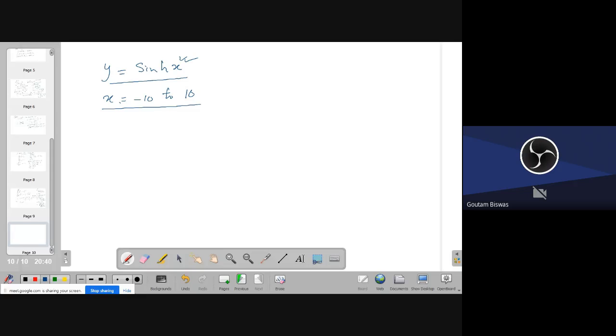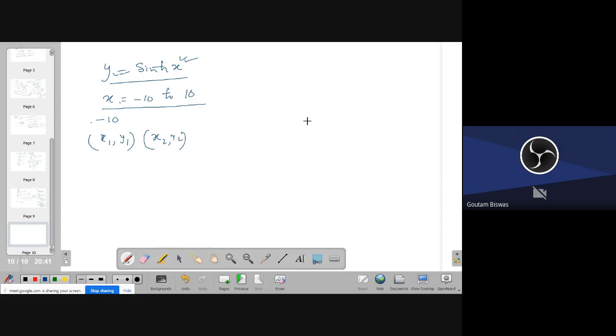Okay, so there are 20 points. So first point is say minus 10. Put here minus 10, you will get the first point x1, y1, you plot it. Then the second point is x2, y2, you plot it.